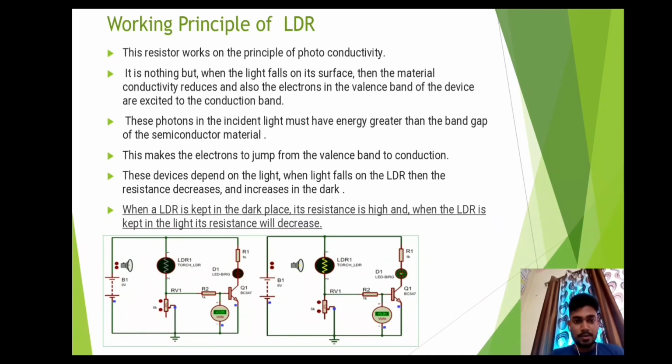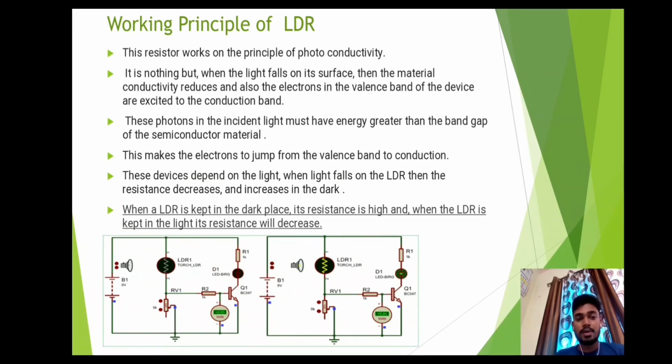And behind this, what is the concept, what is the technique, and what is the working principle? It is nothing but that when light falls on its surface, the material resistance reduces, hence the material conductivity increases when light falls. Also the electrons in the valence band of the device are excited to the conduction band. The photons in the incident light must have energy greater than the band gap of the semiconductor.